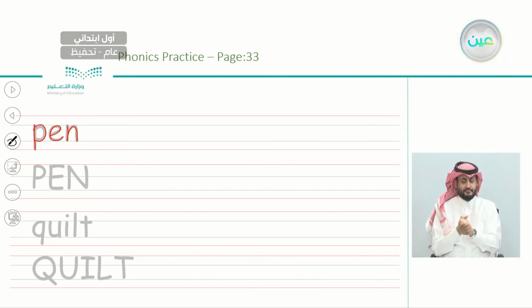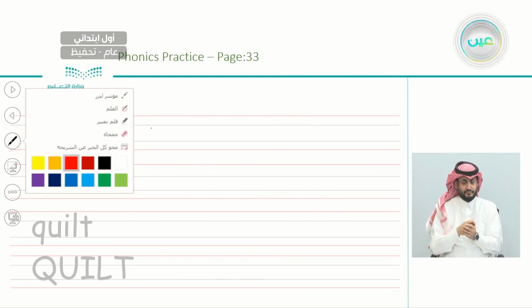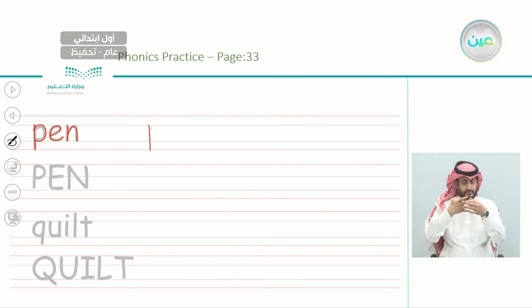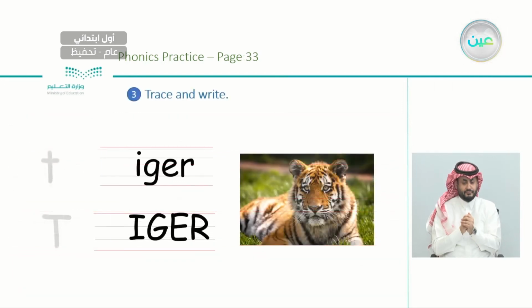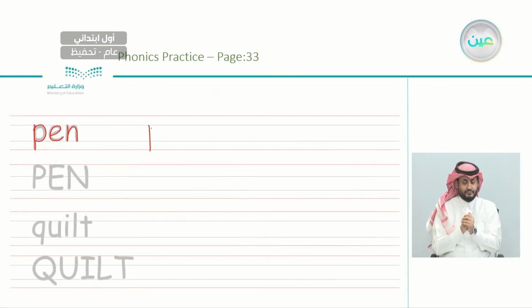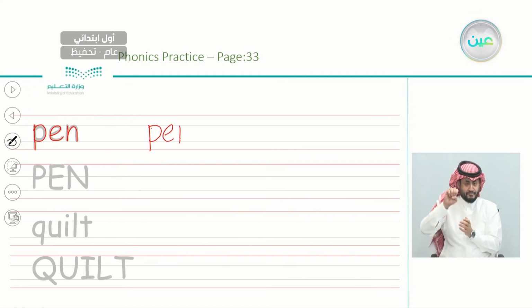Again, let's write it here from line number 2 up to line number 3. And we have E, N. So pen, pen.